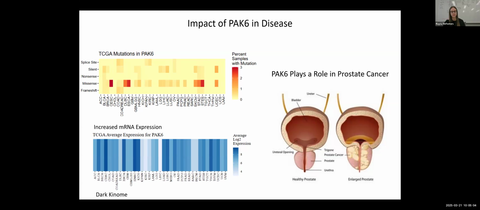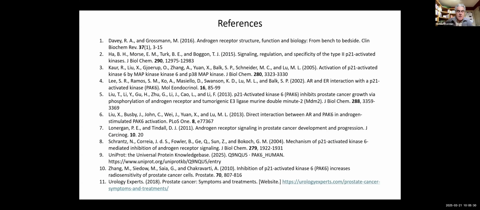In the literature, research shows that activated PAX6 by androgen stimulation and subsequent interaction with the androgen receptor leads to promoted prostate cancer cell motility and invasion. PAX6 inhibition and irradiation results in significantly decreased survival of prostate cancer cells, demonstrating that PAX6 is involved in prostate cancer promotion. Great. Here are my references.